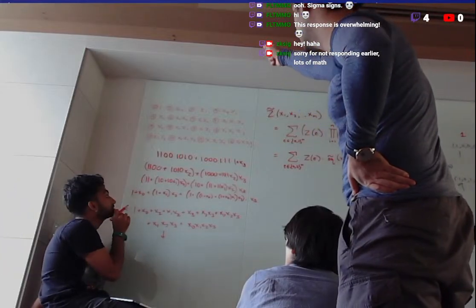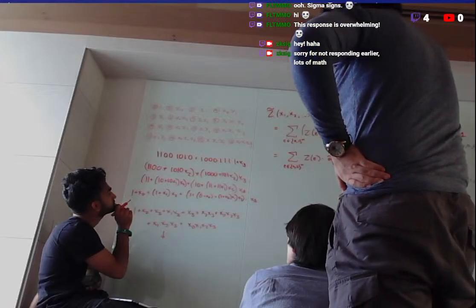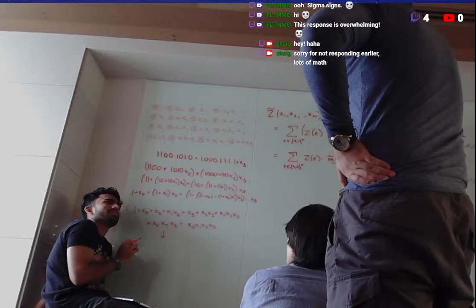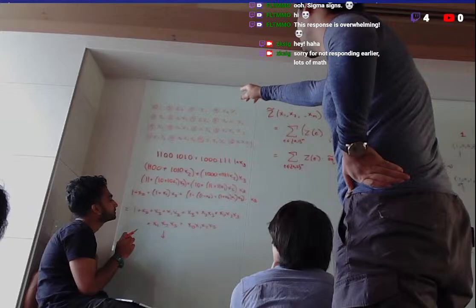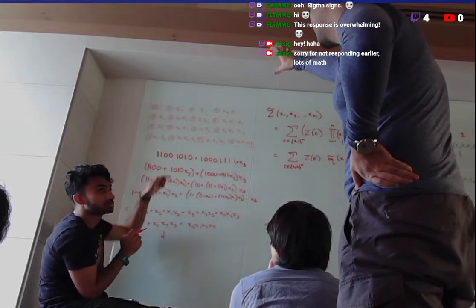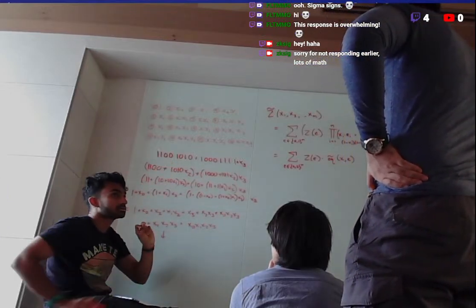Because the third bit is 0, which corresponds to x1, so x1 should be 0. Okay, so because in the original number, the third bit is 0. Yes. And based on what Sora has written, the third bit corresponds to x1. Yes. So does that mean x1 is 0?